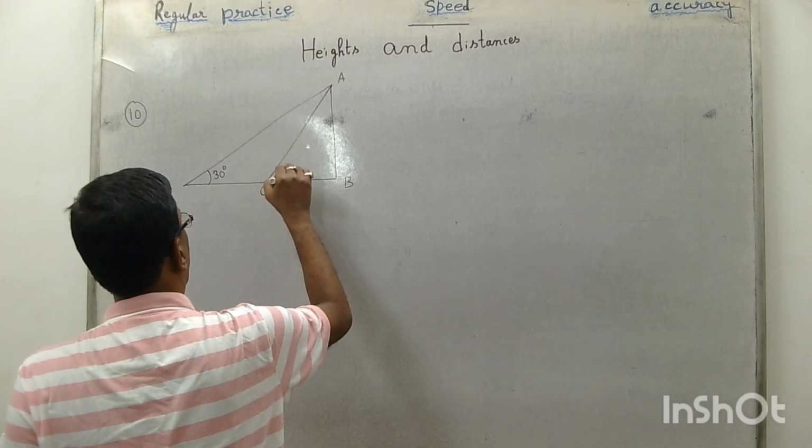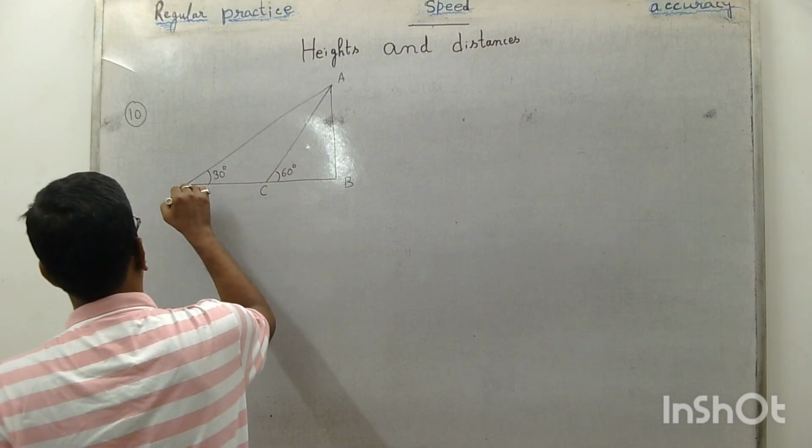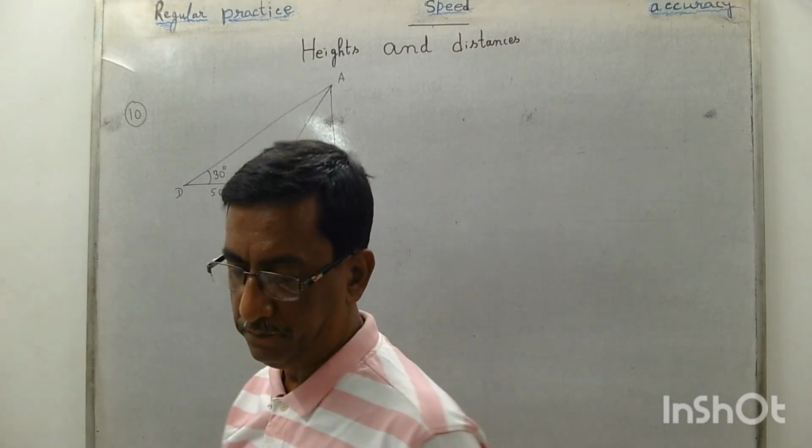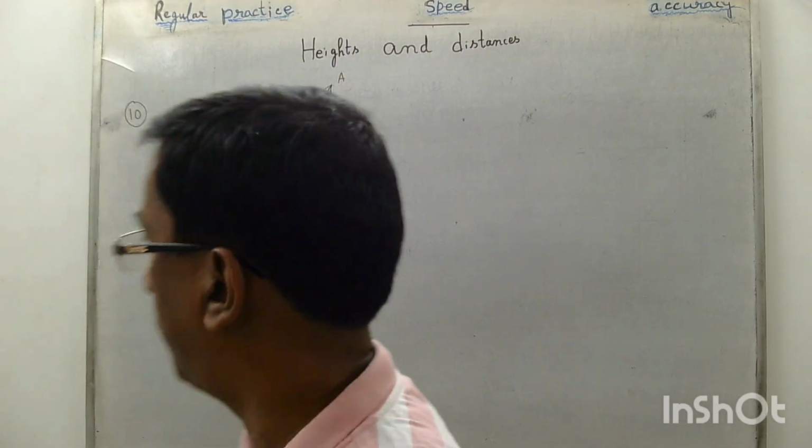This is 30, this is C and this is 60 and this is D. Now CD is 50 meter.